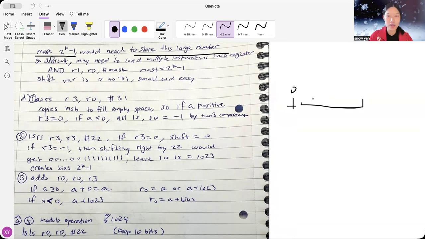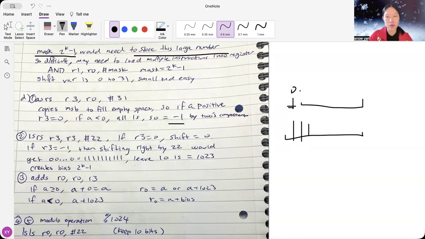And if it was 1, then ASRS shifts the most significant bit over, so it would look something like this, where I have a whole chain of everything being 1. By two's complement, this means I have something of this plus everything over here, so my number would evaluate to -1.